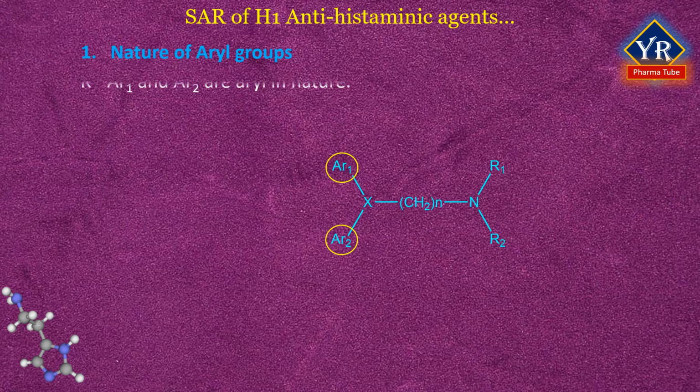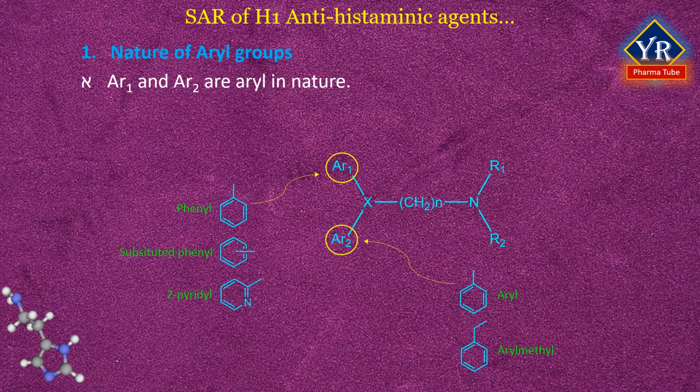As shown in the structure, AR stands for aryl group, which is nothing but a phenyl group, that is C6H5. AR1 is aryl including phenyl, substituted phenyl, and heteroaryl groups such as 2-pyridyl. AR2 is a second aryl group or aryl methyl group, which means a phenyl ring substituted with a methyl group.